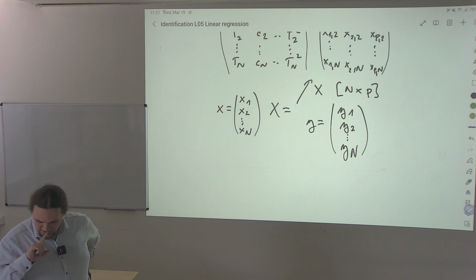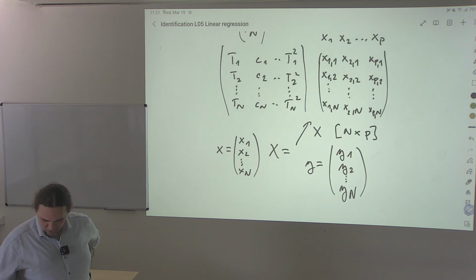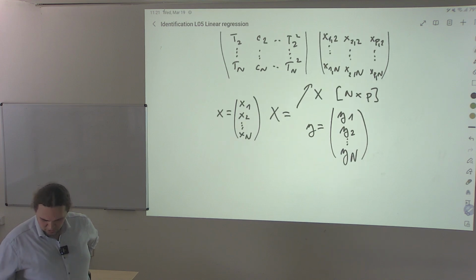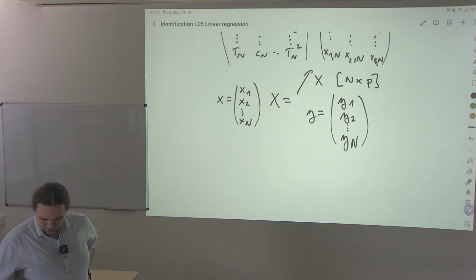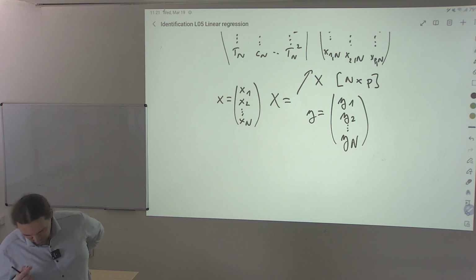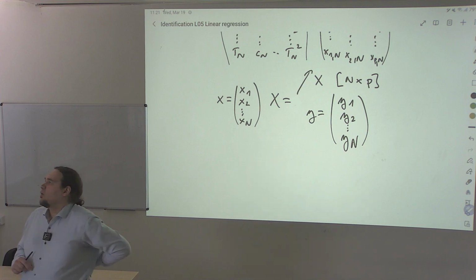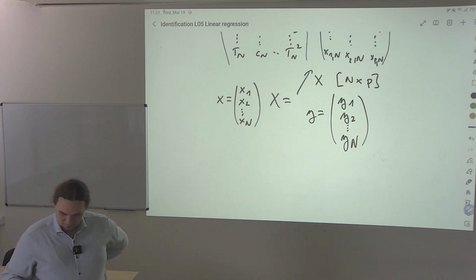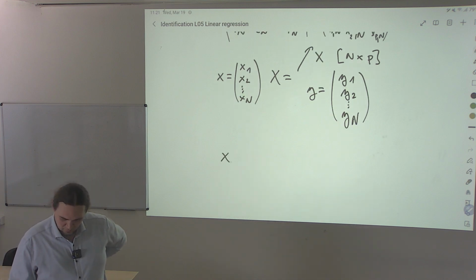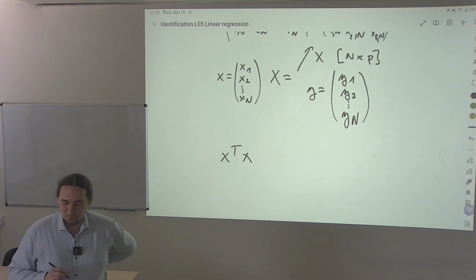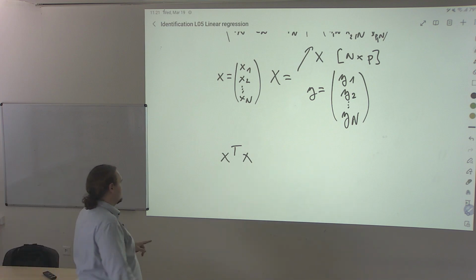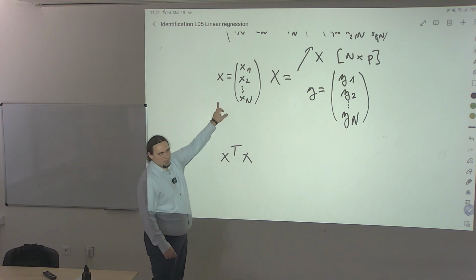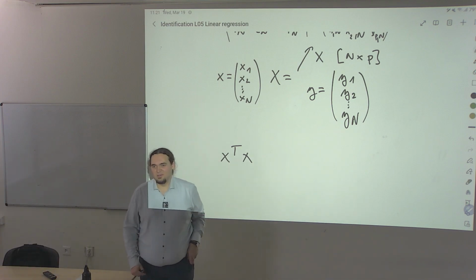So with this, let's do a slight practice with the vectors and matrices. Maybe just the vectors. What if I write an expression like this, and this is now the lowercase x?